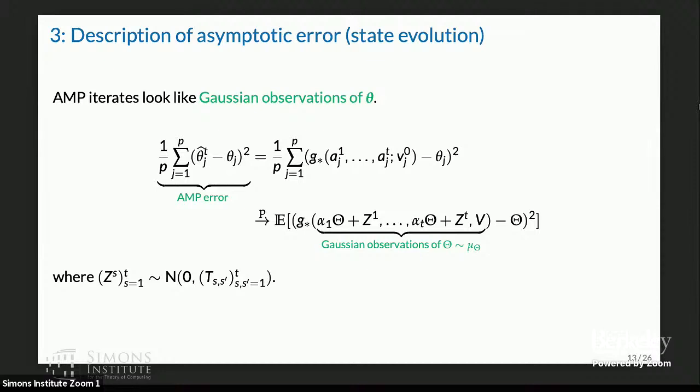This is the sort of asymptotic error of some estimator that received Gaussian observations in the scalar model. And in order for me to sort of fully specify to you what this statement means, I need to tell you, well, two things. I need to tell you what these coefficients alpha are, and I need to tell you what the covariance of this Gaussian noise is. And that is what state evolution is. So I won't write it, but this is fully explicit.